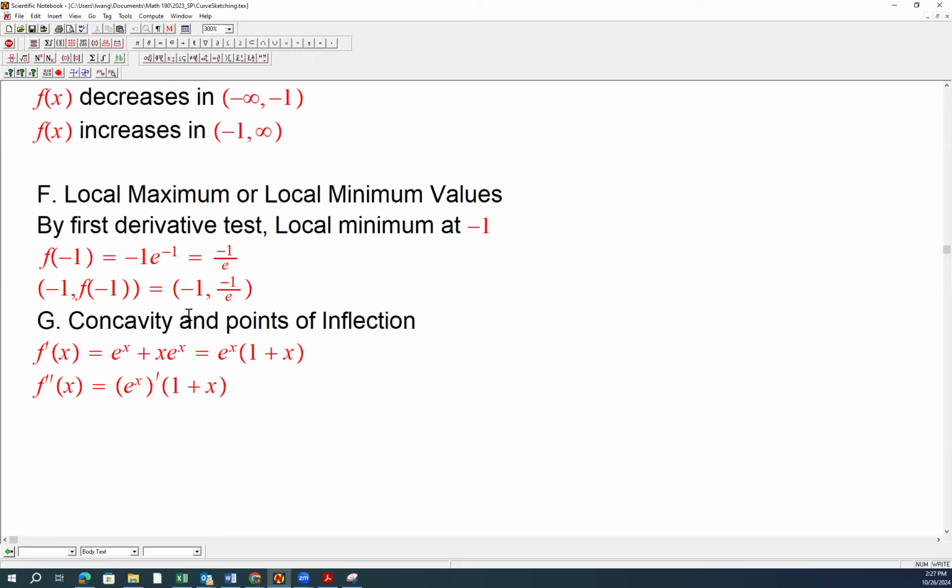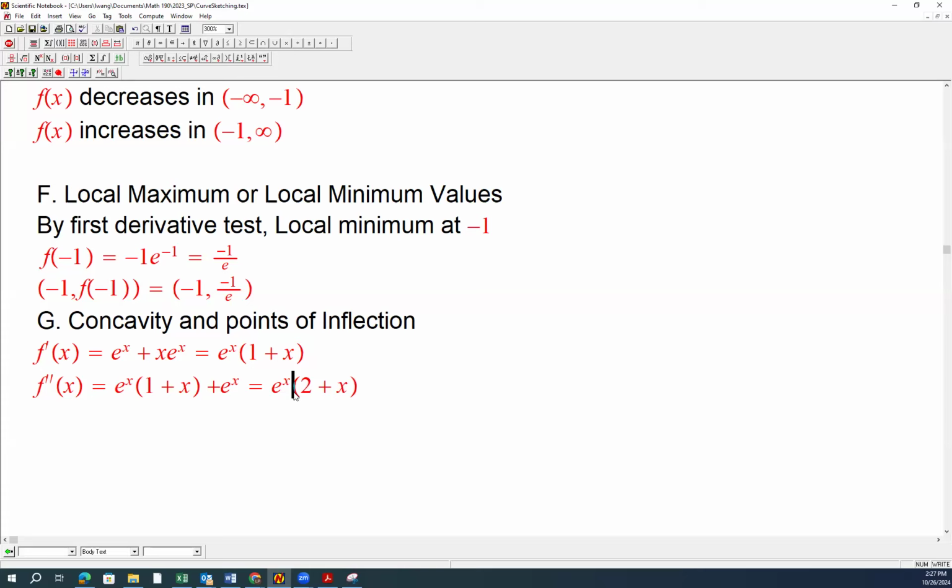The second part is taking the derivative of 1 plus x, which is 1, and e to the power x times 1 stays the same. Then we factor out the e to the power x, and we get e to the power x times (2 plus x).